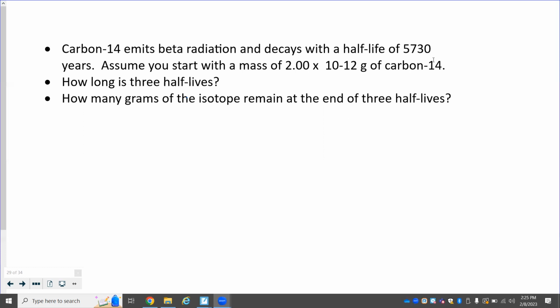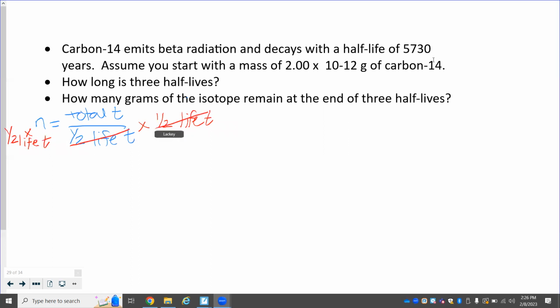So it tells us we're going through 3 half-lives. It wants to know how long that is, so it wants the total time, and it wants the amount remaining. So we know that the number of half-lives is equal to total time over half-life time. You may have been able to do this in your head, but if you're trying to solve for the total time, if you multiply by the half-life time on both sides, we get that our total time is equal to the number of half-lives times the half-life time.